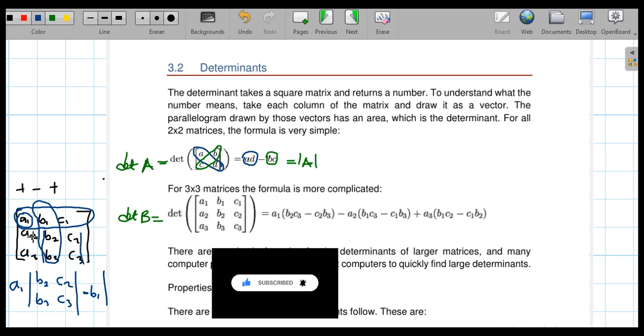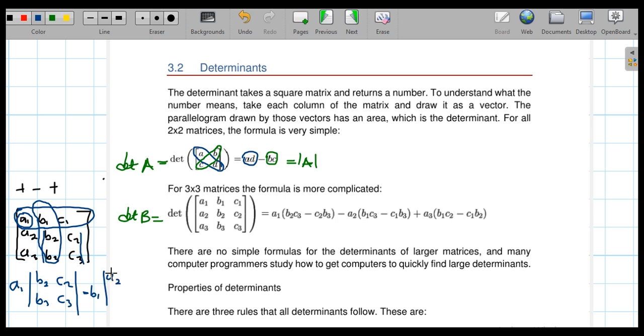What you have remaining is A2, A3, then C2, C3. That is the determinant of that.